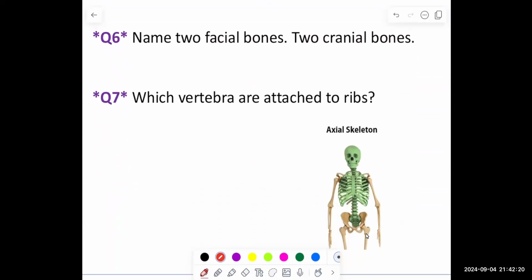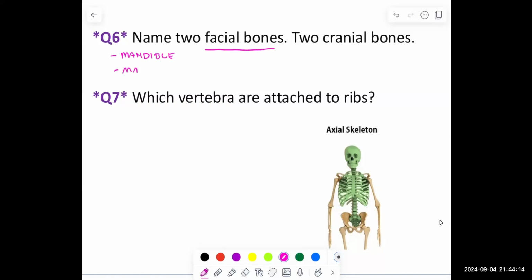This is how I'll ask questions about the bones that we just talked about. If I ask facial bones, these do not come in contact with the brain. These are the skull bones that do not come in contact with the brain. Let's hear at least 2. Someone shout one out. Mandible. I heard that one. What's another one? Maxilla.